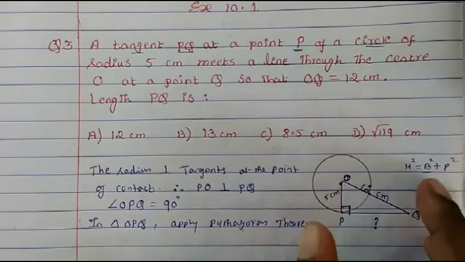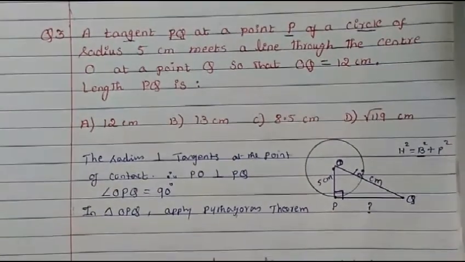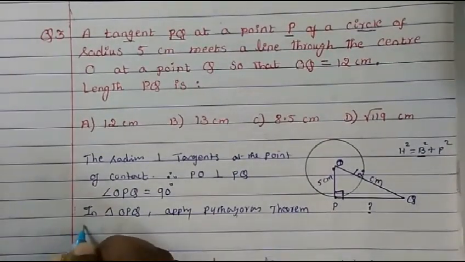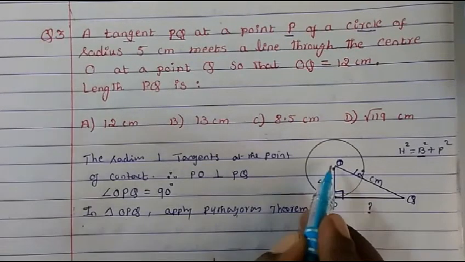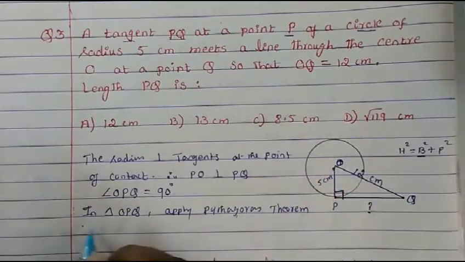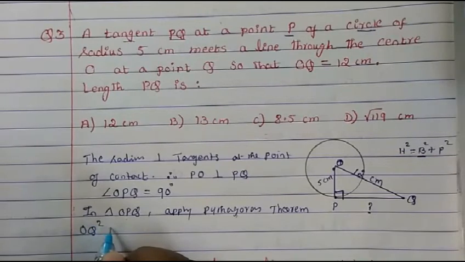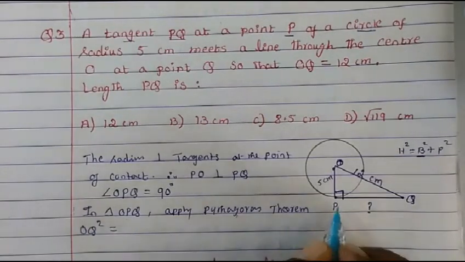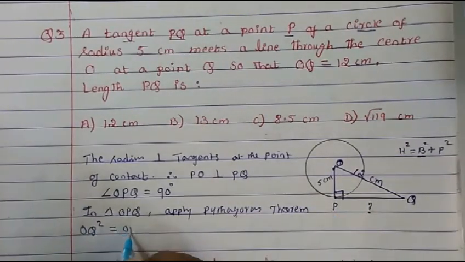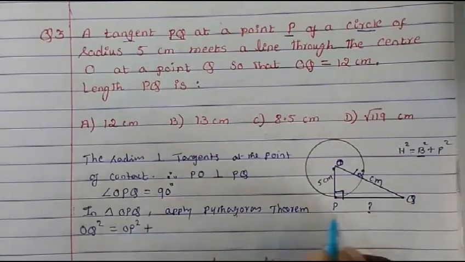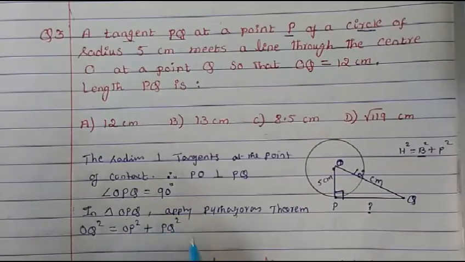Our base is PQ. Put this formula here. The hypotenuse is OQ, so OQ square is equal to OP square plus base PQ square.